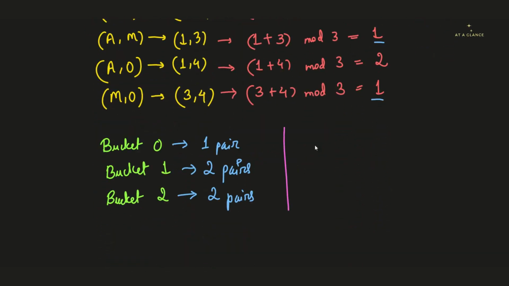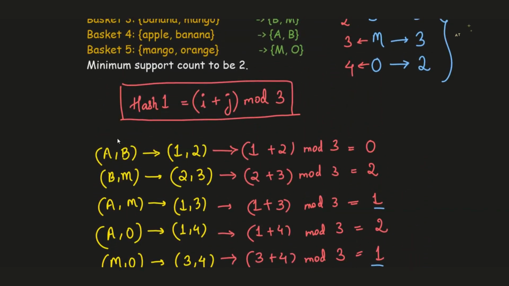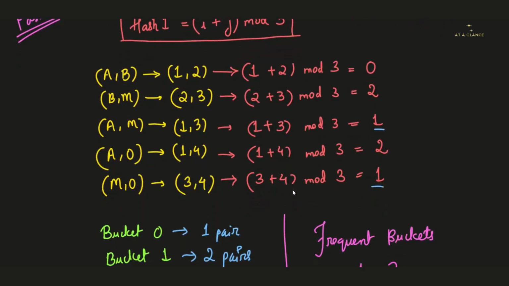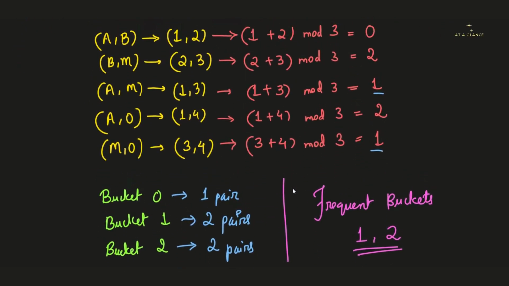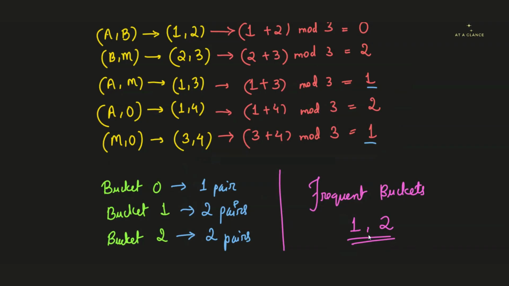Now, by looking at all these three buckets, we can say that buckets 1 and 2 are the only frequent buckets because they satisfy the minimum support count. So 1 and 2 are the frequent buckets. So this was our pass 1. I hope it is clear what exactly is done in pass 1.